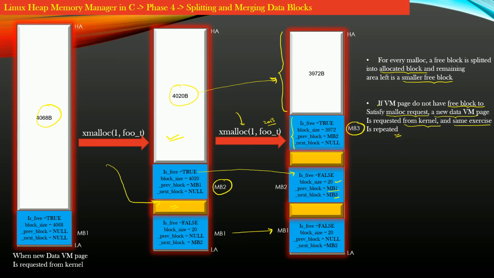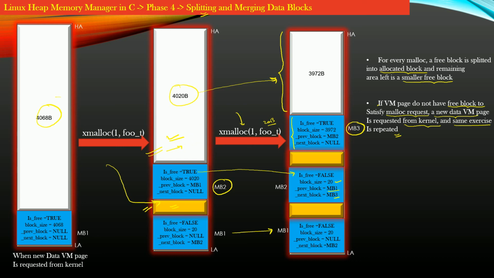This is quite obvious. So next we are going to dive a little deeper and understand the mechanism of block splitting at a finer level. For now we have understood that a free data block is split up into a data block which is allocated to the application and the remaining free data block which is still available for memory allocation.